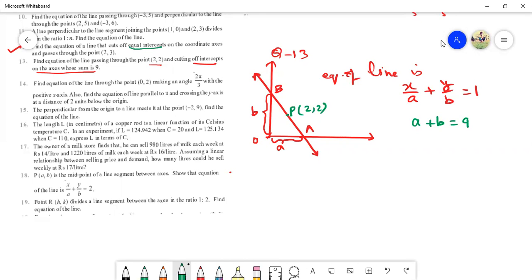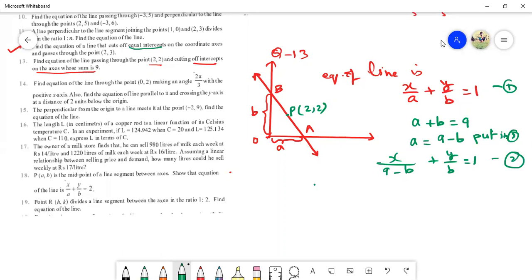Suppose this is the first equation. From here we can find the value of A in terms of B, then put in first, and we get x upon 9 minus b plus y by b is equal to 1, equation number 2.